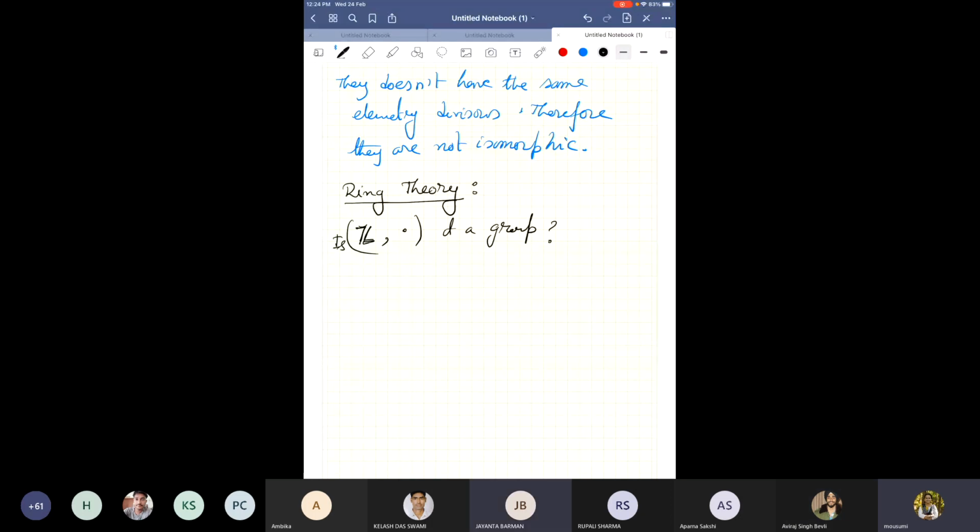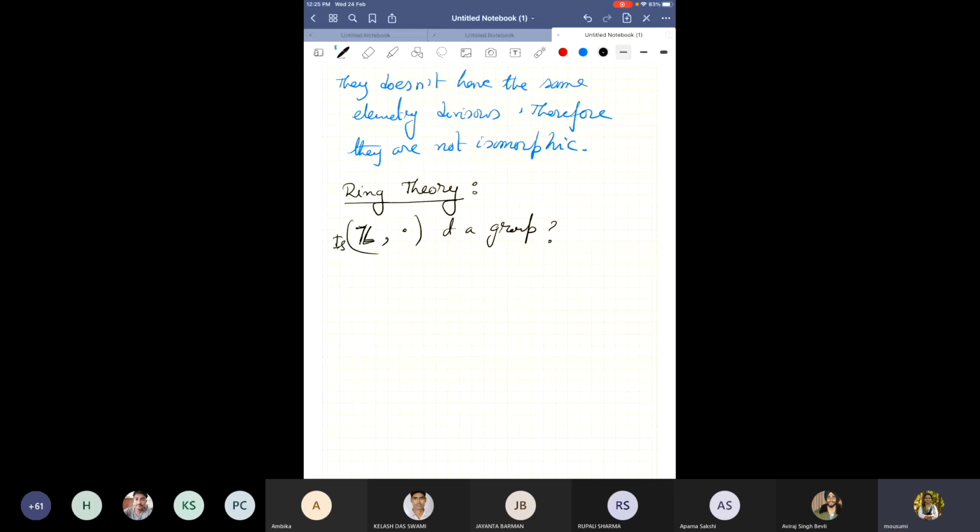Yes, that is 1. The number 1 is similar to the identity element. So the only problem here is that we don't have the multiplicative inverse. Apart from that, multiplication is associative, identity exists, everything is there. Only that deficiency is there.